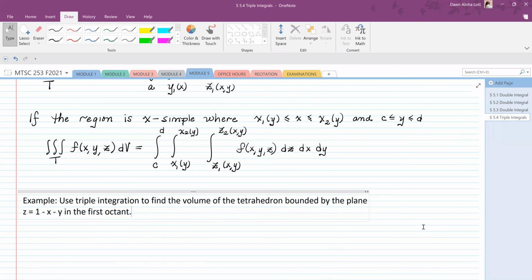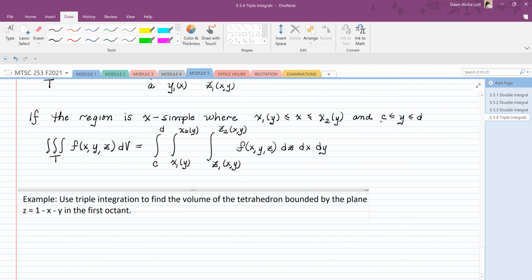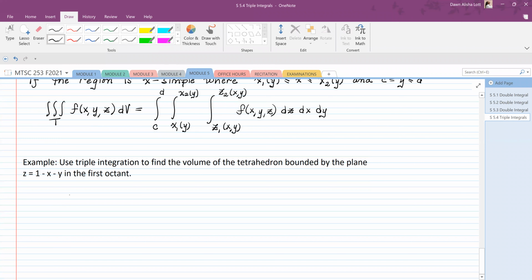Okay, so z equal to 1 minus x minus y. What kind of surface is that? You said z equals what? Equal to 1 minus x minus y. So if you rewrite that, you get x plus y plus z is equal to 1.